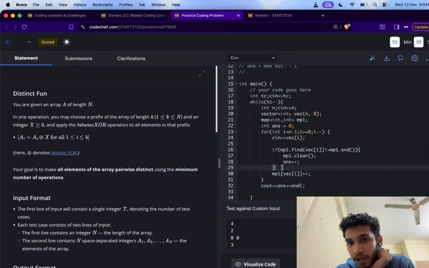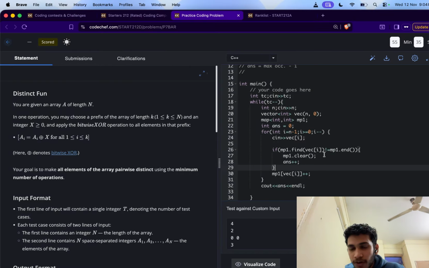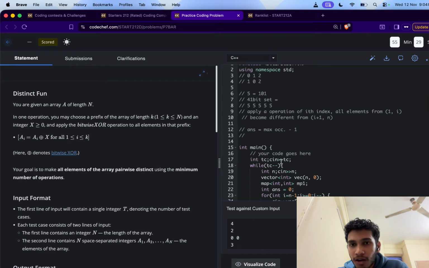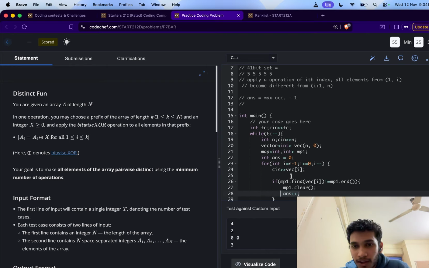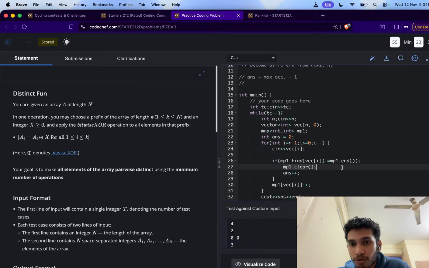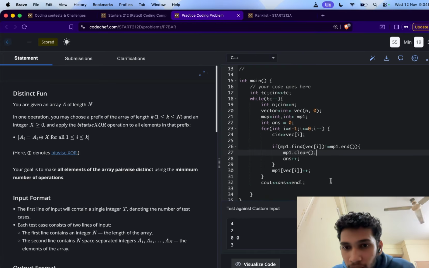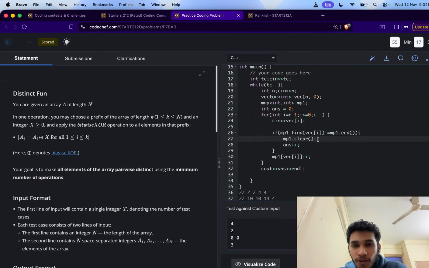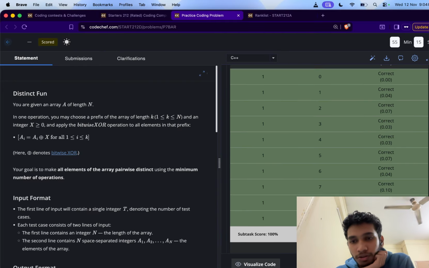We checked if the current element has occurred before it. If it already has occurred before, then we need to apply one operation. And since all the elements present in the prefix of the current index will become unique, no matching can be done afterwards. So clear our map and then just continue with the same process.